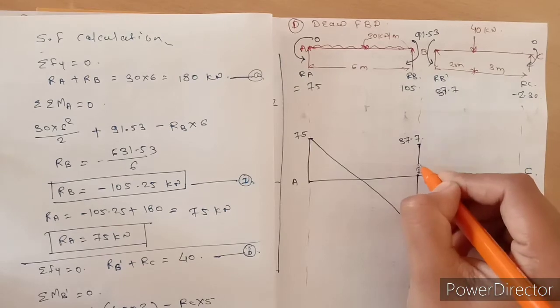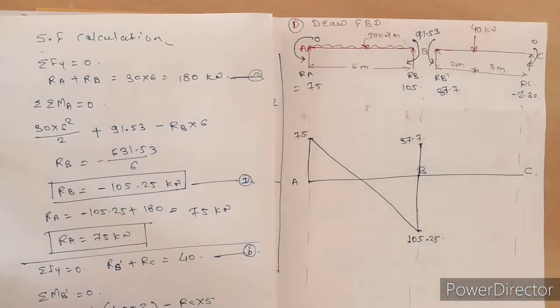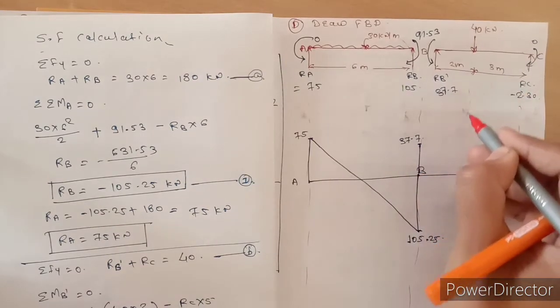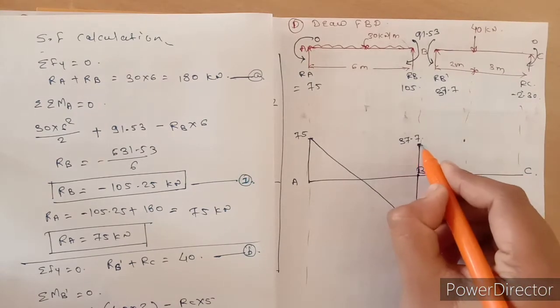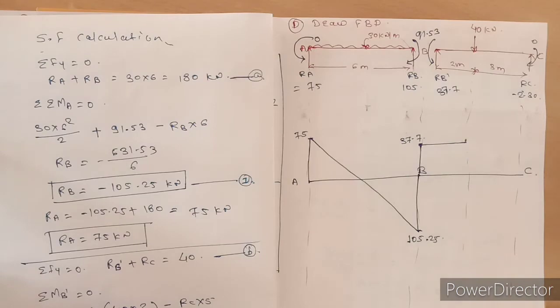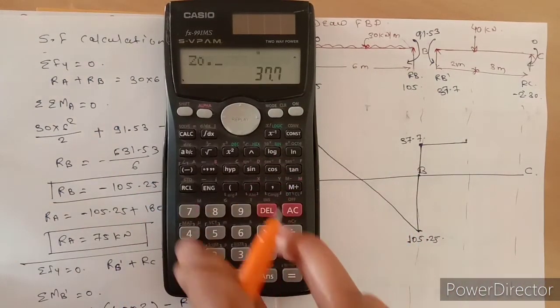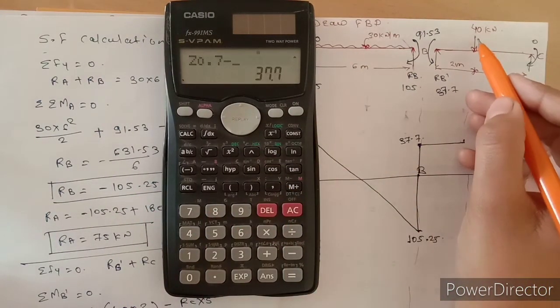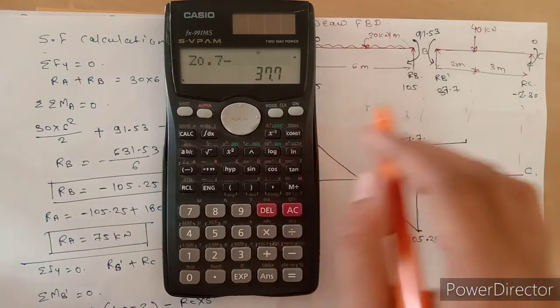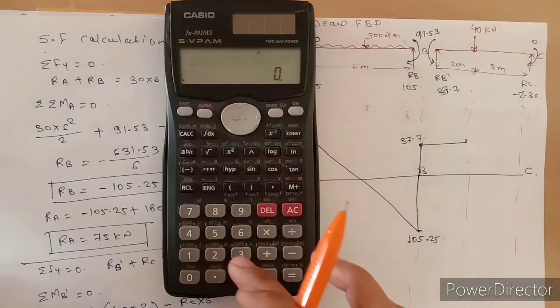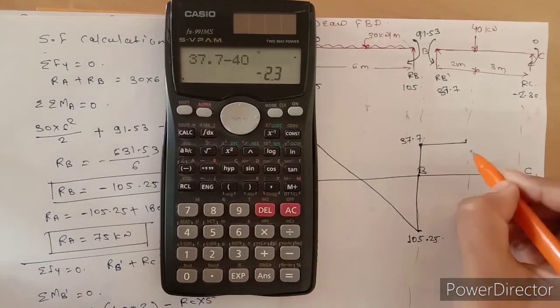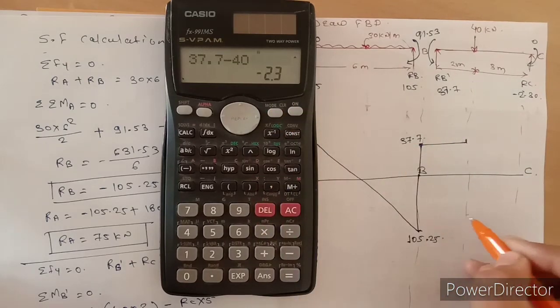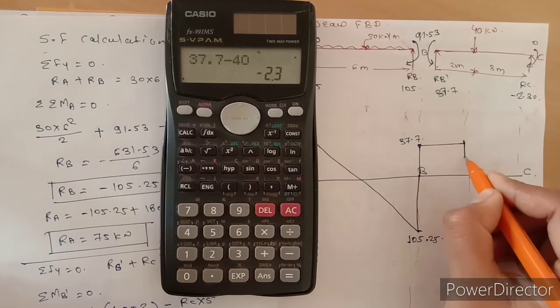So this 37.7 is constant up to this point load. Then next, this 37.7 minus, because this point load is acting downward, that's why here we take the minus sign. 37.7 minus 40, so the answer is minus 2.3.